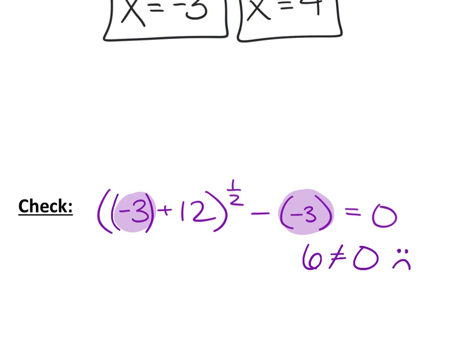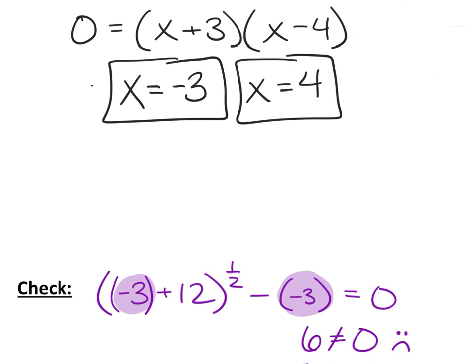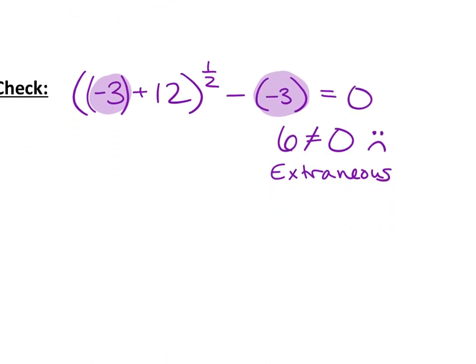So this is what kind of solution? Extraneous. So we go back up to our answers and we politely cross it out. Never mind, I don't want that one. We need to make sure 4 also works because there's a chance that both are extraneous anytime you're checking your work. So again, we plug in a 4.